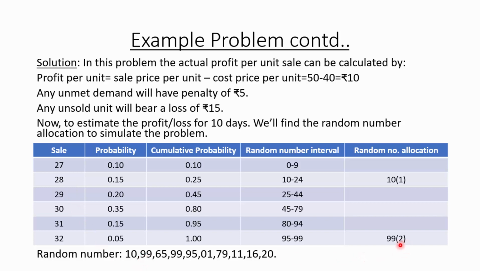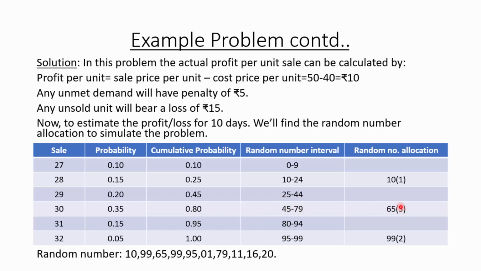So we can see that the second event having random number 99 is between 95 to 99, and this suggests that the demand or the sale here will be 32. Similarly the third random number is 65. So we can see that 65 lies between 45 to 79.